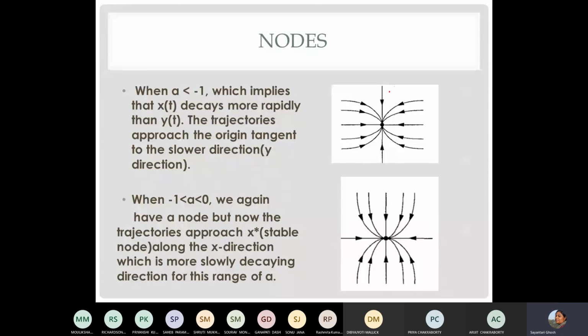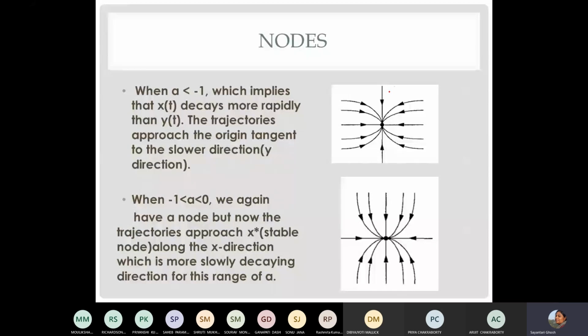From this point onwards, as we have moved on to higher dimensional systems, a phase space is going to have X and Y, or X, Y, and Z as its coordinates. You are supposed to track a particle, that is the state of the system, throughout that phase space to figure out how the system is evolving in time.